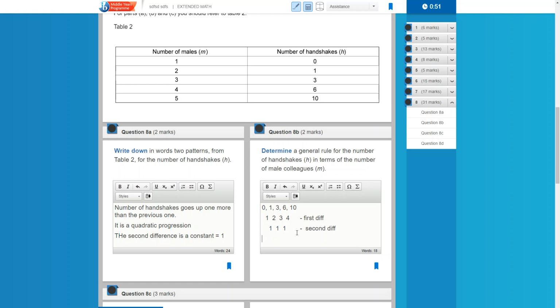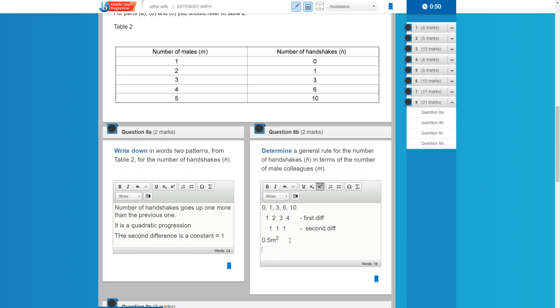The second difference is 1, so the number in front of the n squared is going to be 0.5. And I'm not actually looking at n, in this case I'm looking at m squared. Okay, so if I now need to figure out the other part of this sequence, if I look at the table this produces when m is 1, 2, 3, and 4: when m is 1, I get 0.5.